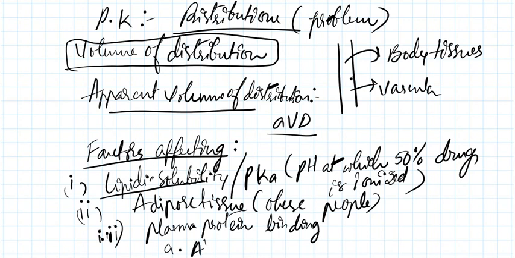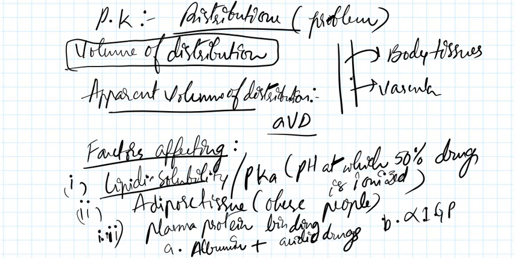Albumin is a plasma protein, and it binds to acidic drugs. And alpha 1 acid glycoprotein binds to basic drugs.